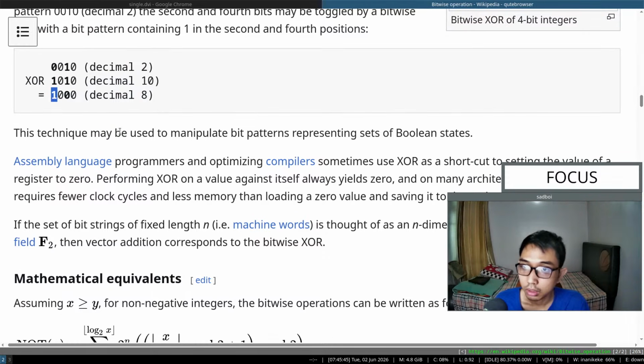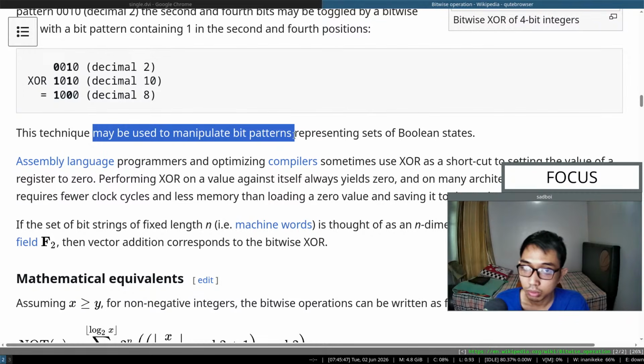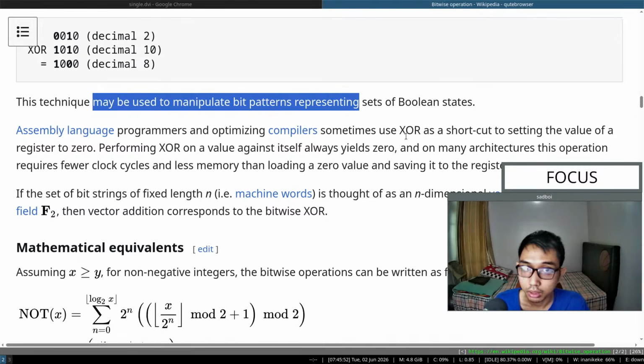Okay, this technique may be used to manipulate bit patterns representing a set of Boolean states.